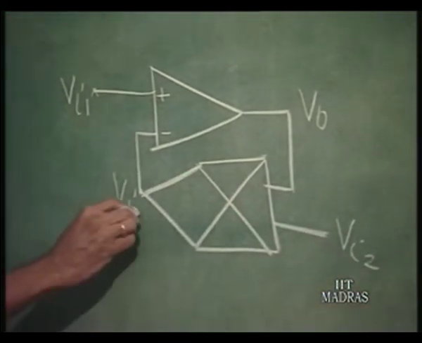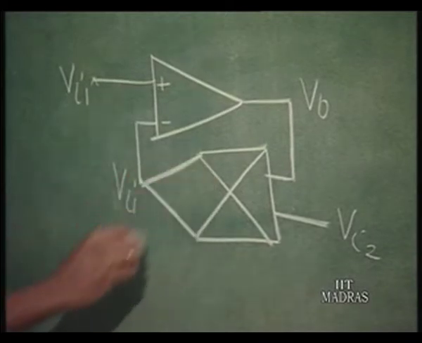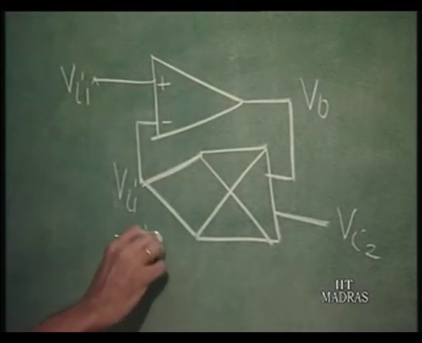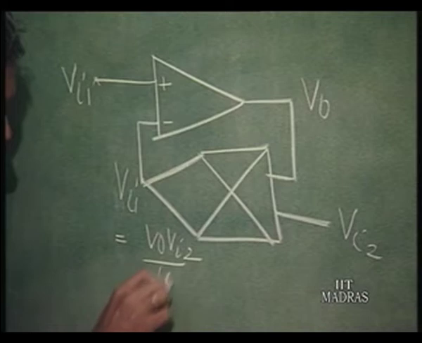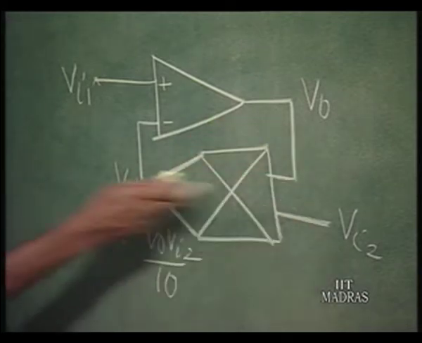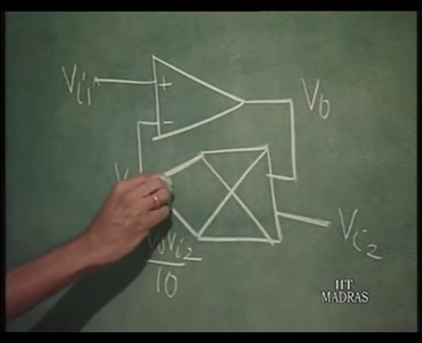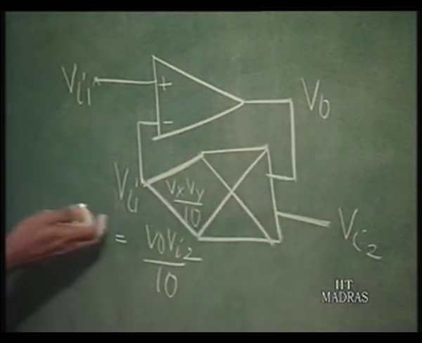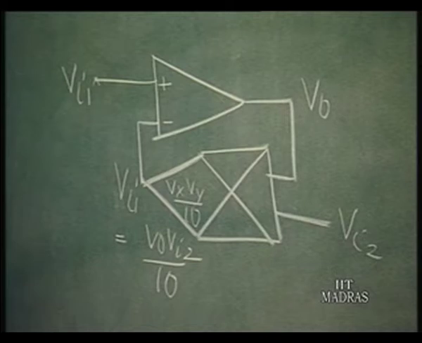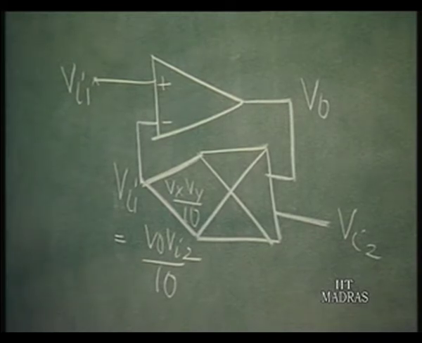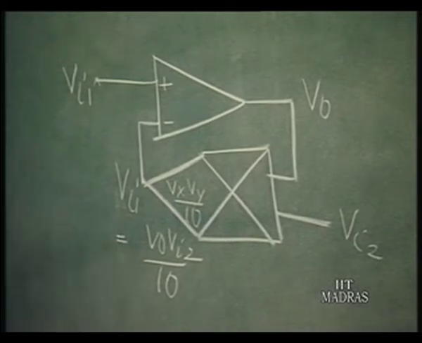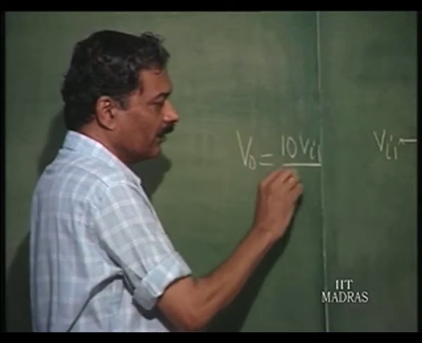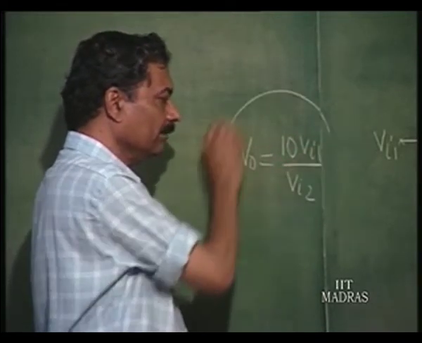So, V I 1 is equal to V naught V I 2 by 10, because this is going to give you Vx Vy by 10. So, we see here that V naught is going to be equal to 10 V I 1 by V I 2, which is nothing but a divider.